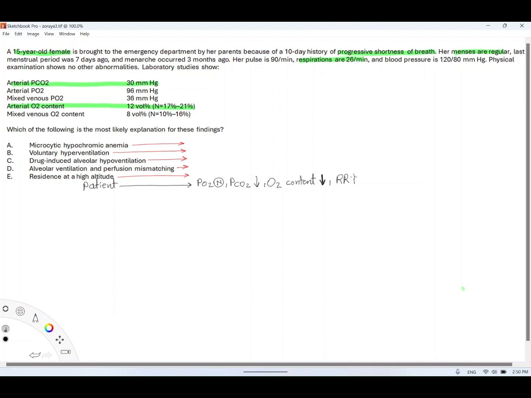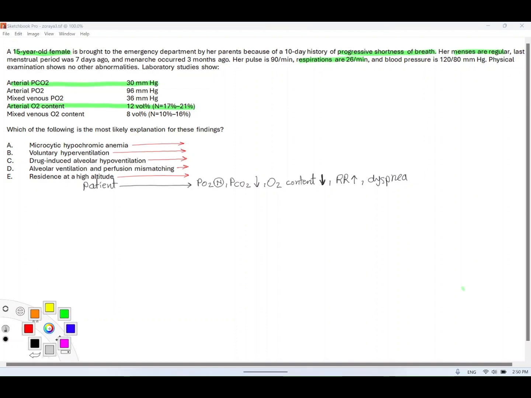Respiratory rate is about 26; normal is 12 to 18. And what is his complaint? His chief complaint is shortness of breath, or dyspnea, which is progressive dyspnea. So whichever choice matches this will be our answer, right? Whatever causes these symptoms from A to E, that will be our answer.